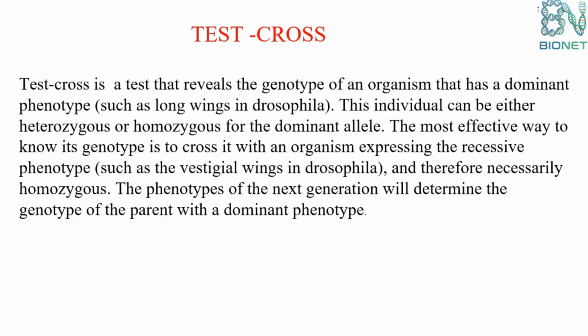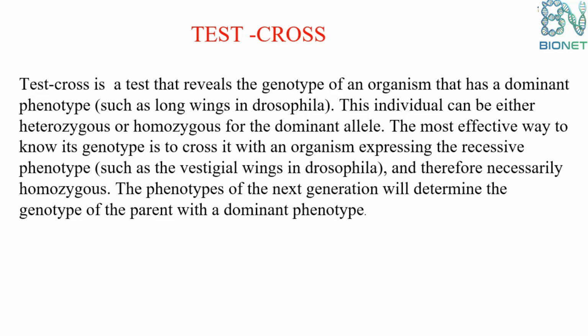So by crossing the individual having a dominant phenotype with the individual having the recessive phenotype, we will obtain a generation. The individuals of this generation will express the studied phenotypes.